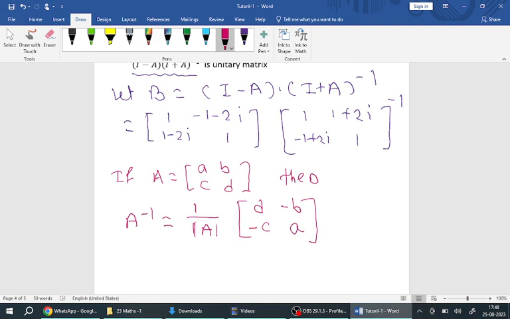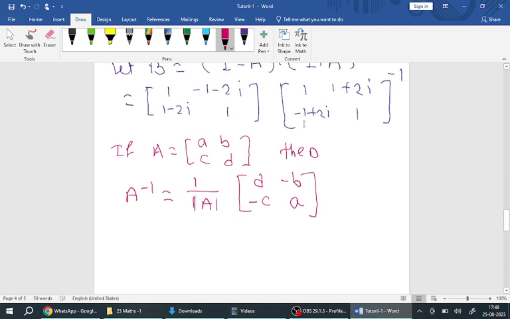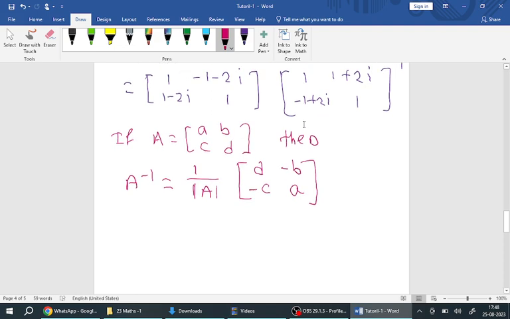Now we can easily write this matrix B, using the A inverse. Therefore, this matrix B will become: this first matrix will be as it is, which is 1, minus 1 minus 2i, then 1 minus 2i, and 1. This is the original matrix, and now we write the determinant.